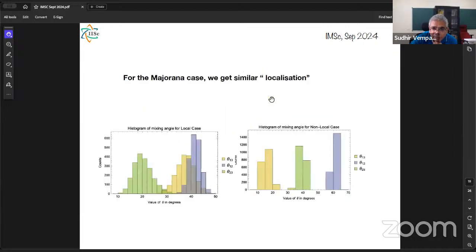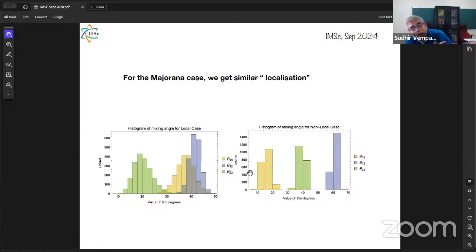Now in this case also, in the weak disorder limit, that means epsilon is less than or equal to the off-diagonal terms, or all the mass matrix elements are roughly close to each other, you can localize the mixing angles.